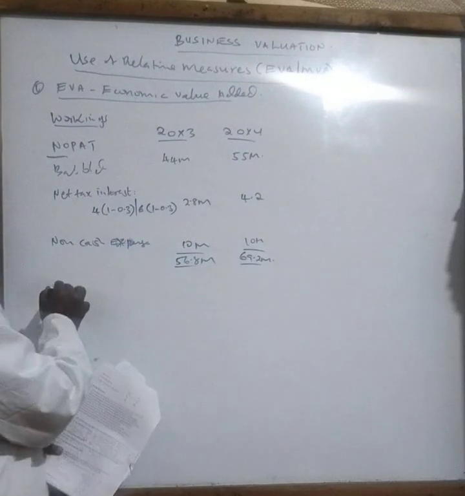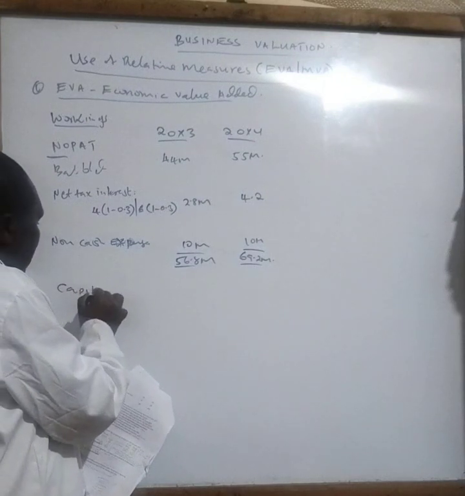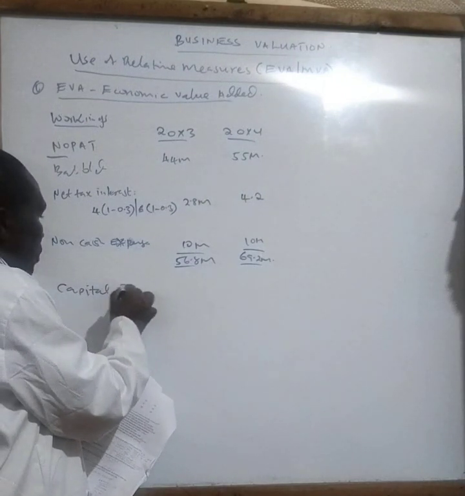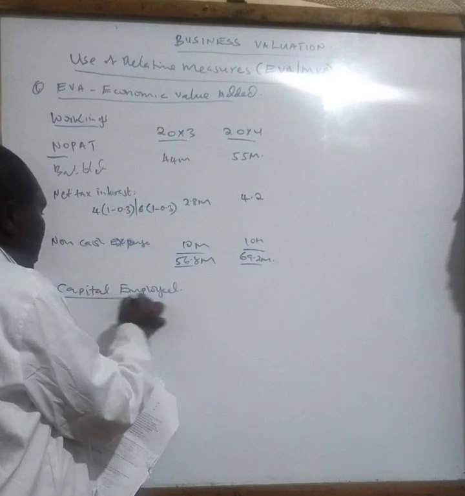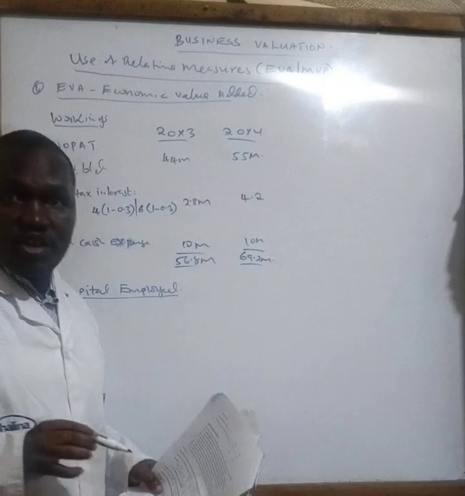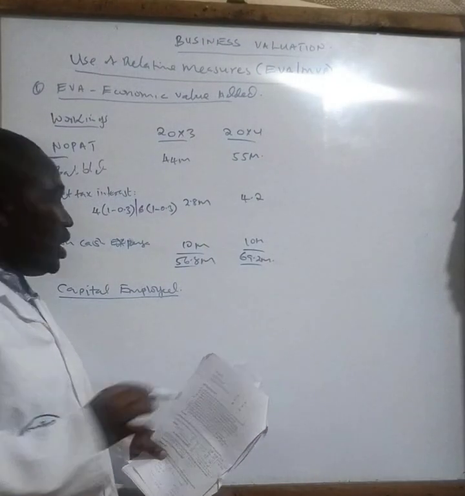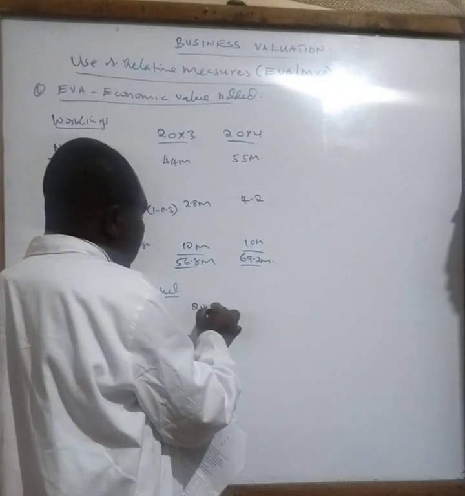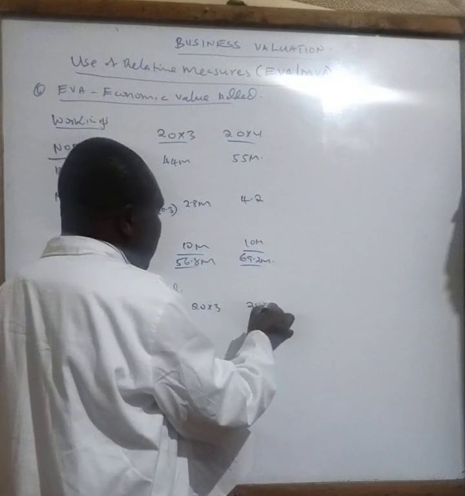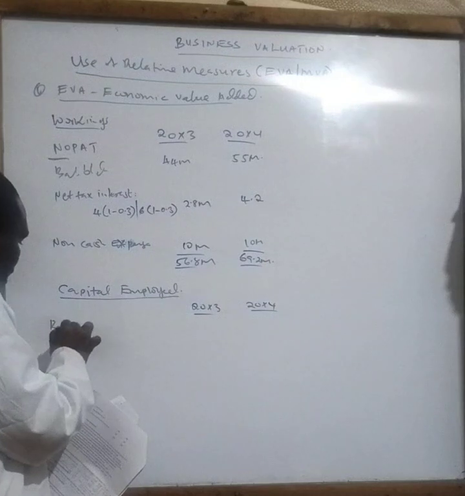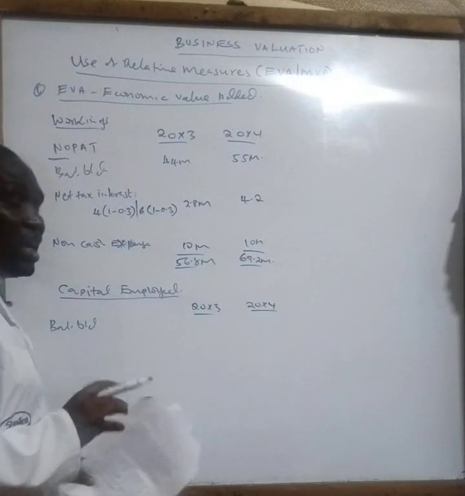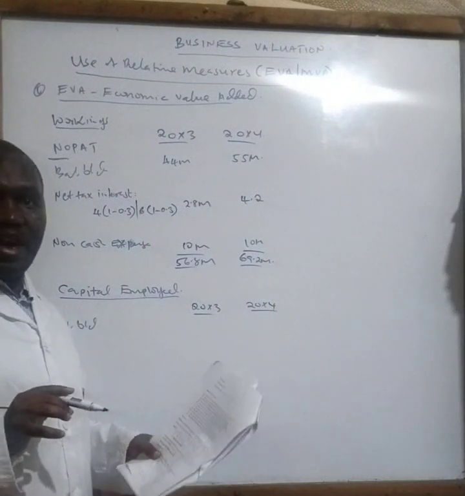Then we also calculate the capital employed, for 20x3 and 20x4. We can now calculate the balance brought down. I've said capital employed is made up of equity plus long-term debts.